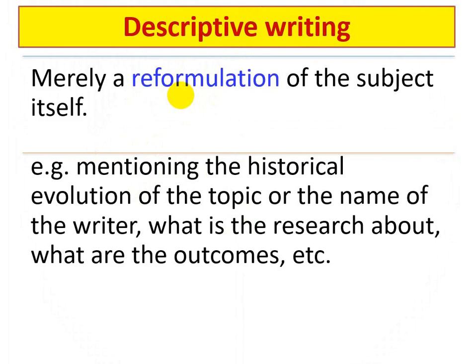Just to mention the historical evolution of the topic, or the name of the writer, or what the research is about, what the outcomes are. So we are simply describing issues like this. We do not interfere or interact with the text here. So this is descriptive writing.